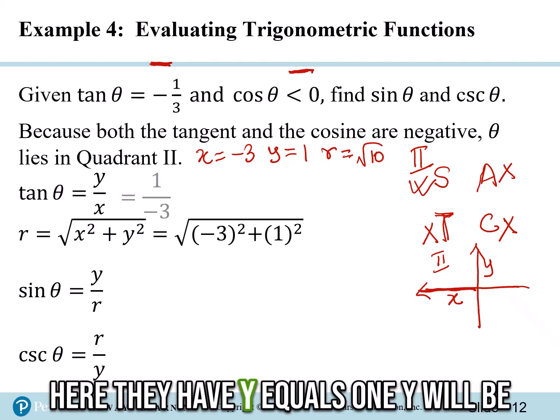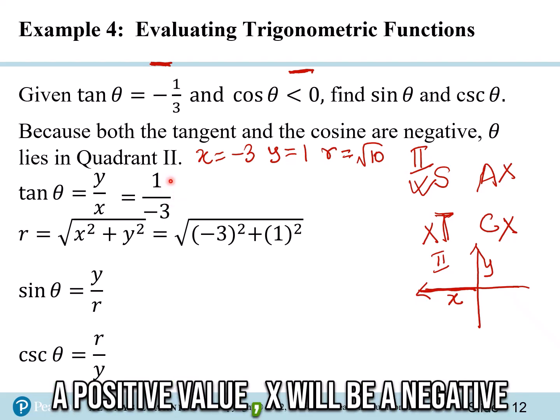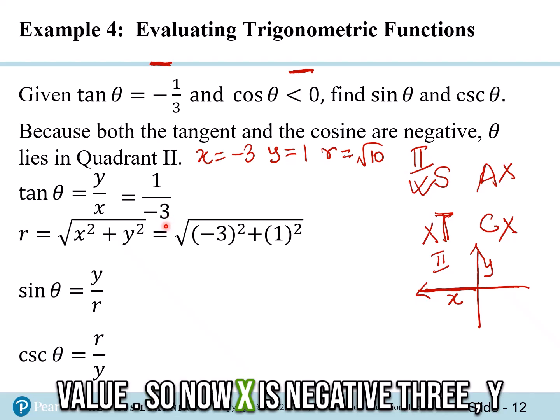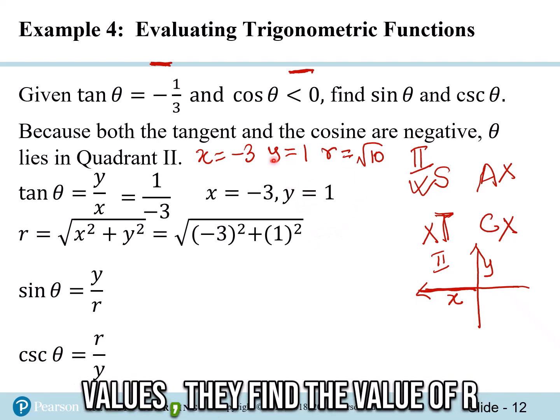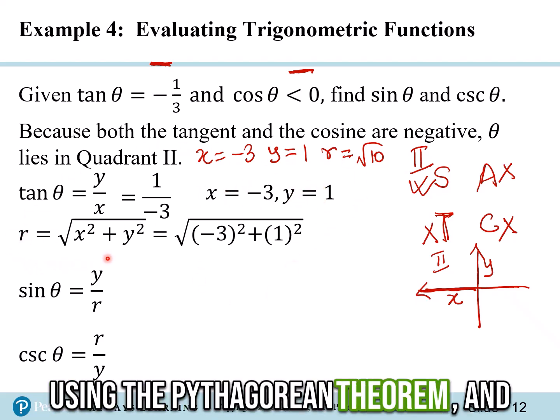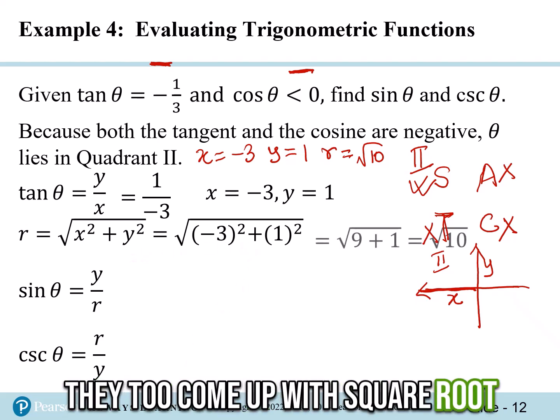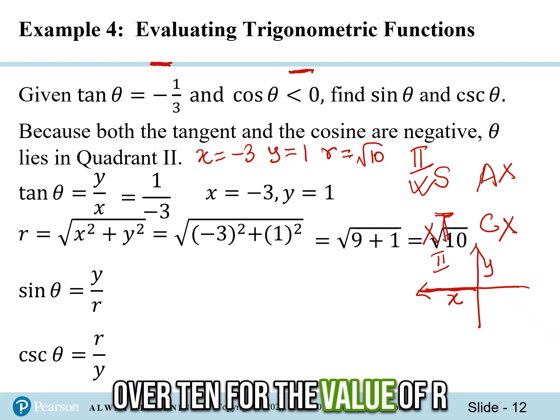Here they have y equals 1, y will be a positive value, x will be a negative value. So now x is -3, y equals 1, and then using those values, they find the value of r using the Pythagorean theorem, and they too come up with square root over 10 for the value of r.